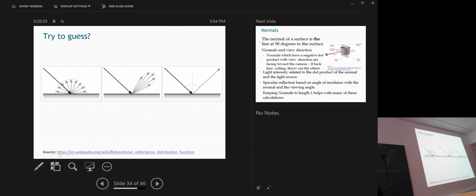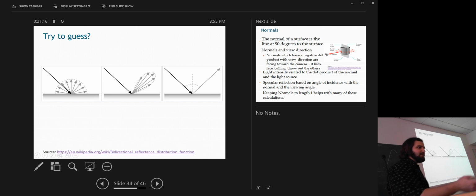This is specular highlight. We have incident light, and it's reflected to just some particular directions only. So this is the case for glossy objects, for instance, like any glossy object.